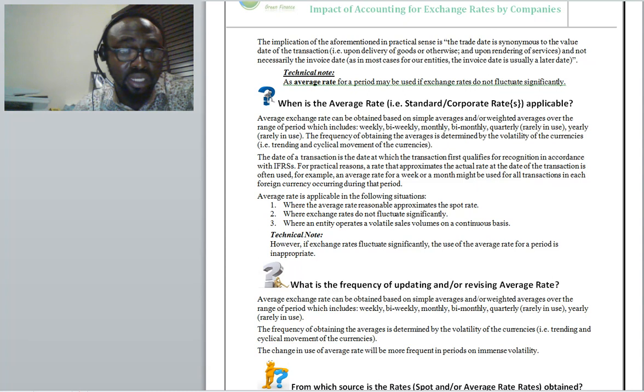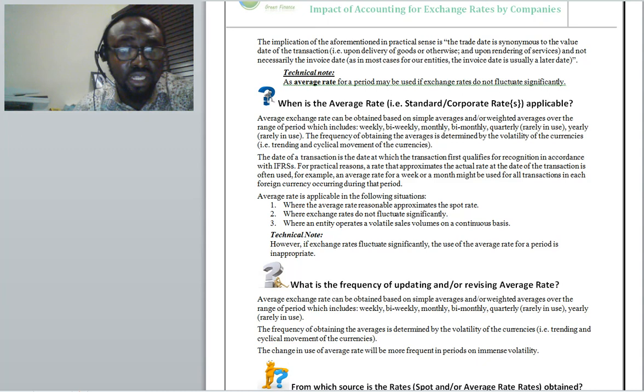And that's why we need to consider how frequently we use our averages, or the frequency of our average rate, which is primarily determined by the level of volatility. Once you have high volatility, the frequency is small. Once you have low volatility, the frequency is less.